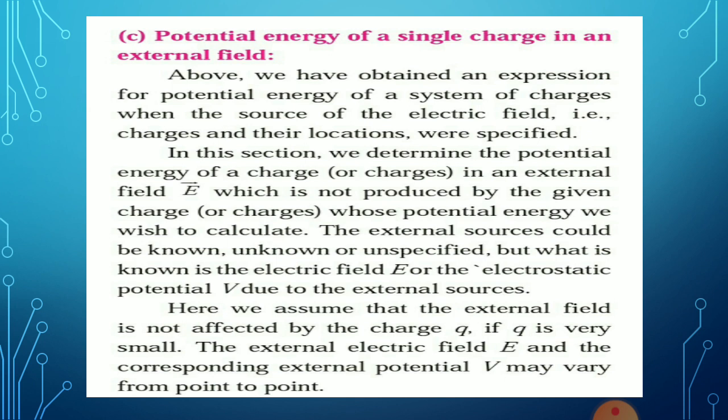If Q is very small, the external electric field E and the corresponding external potential V may vary from point to point, that is, electric potential and electrostatic field vary from point to point.